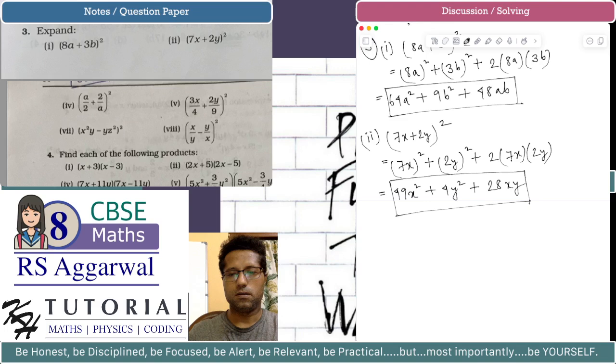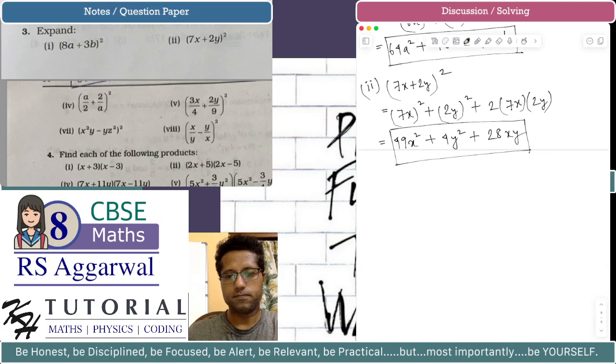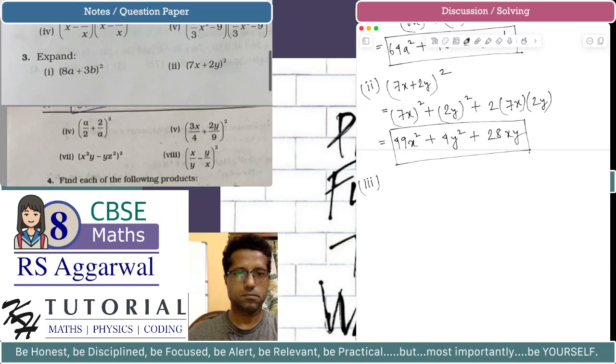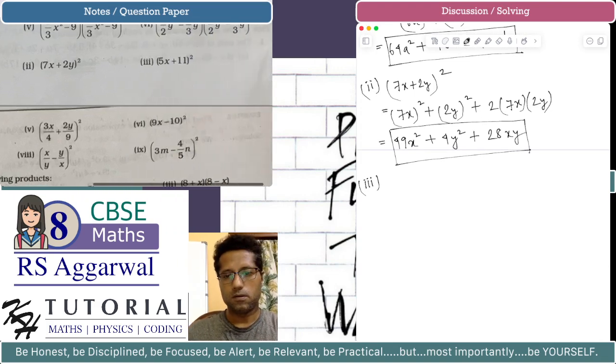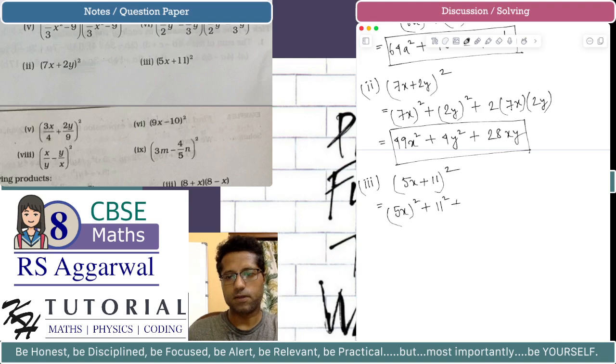Okay, let's do part 3. (5x + 11) square. So this is (a + b) whole square. So a square plus b square plus 2 into a into b.